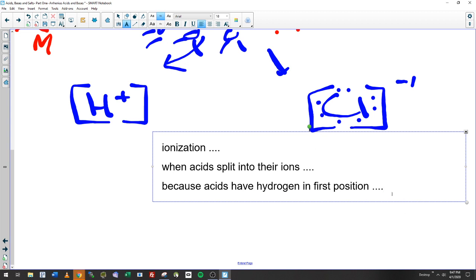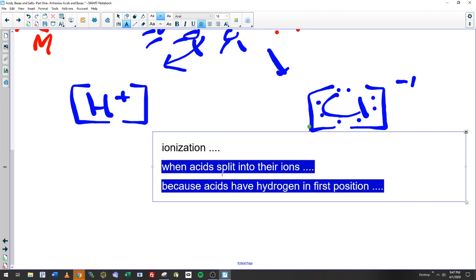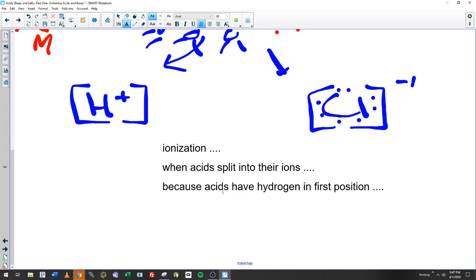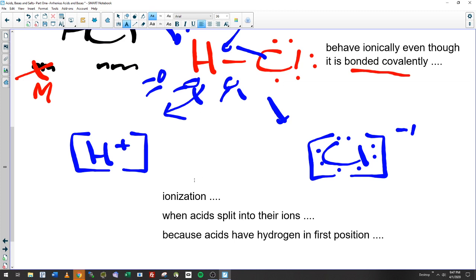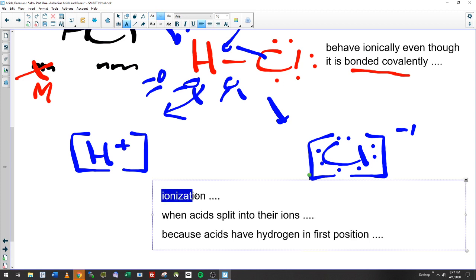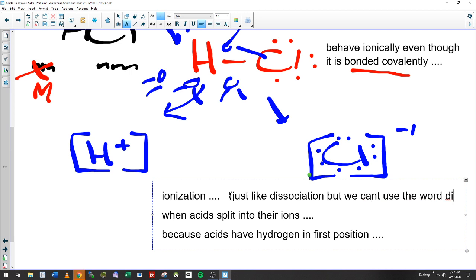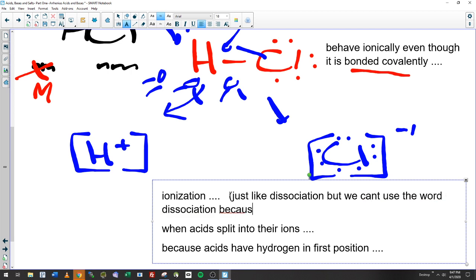The word dissociation is a very specific word that you can only use for something ionic. When you talk about acids, acids are going to ionize, which is basically just like dissociation. But we can't use the word dissociation because dissociation is only for ionic substances.